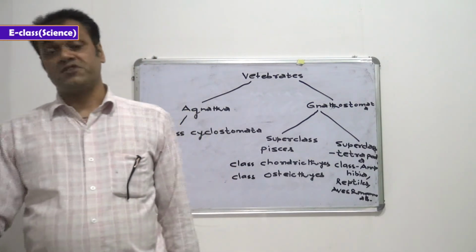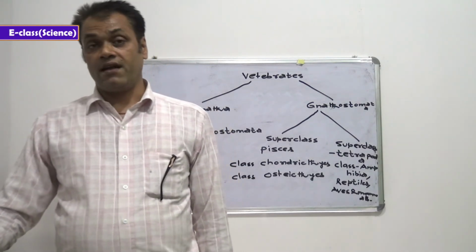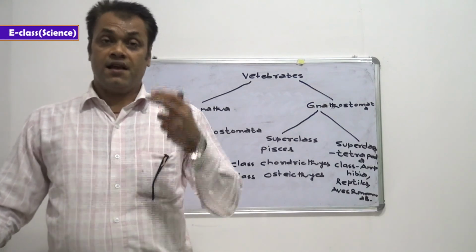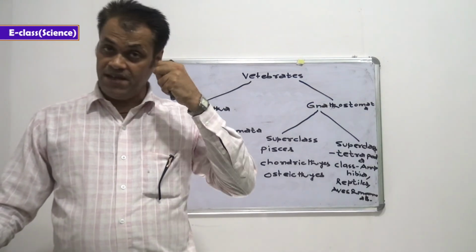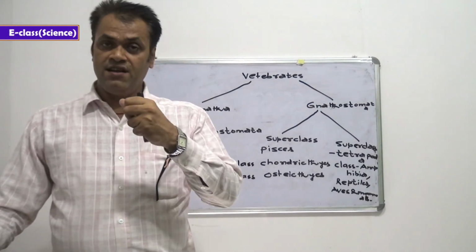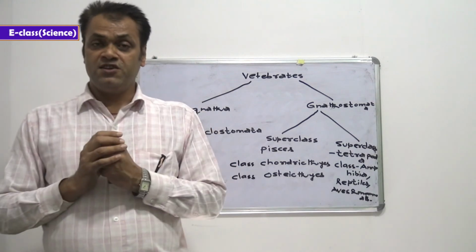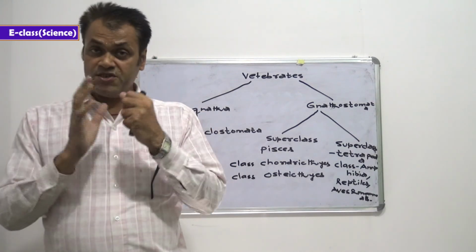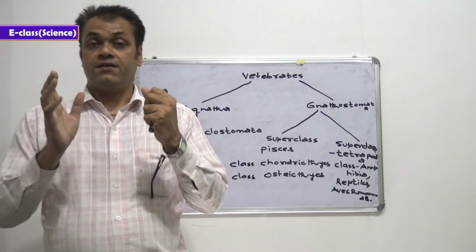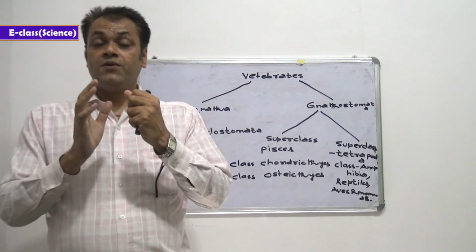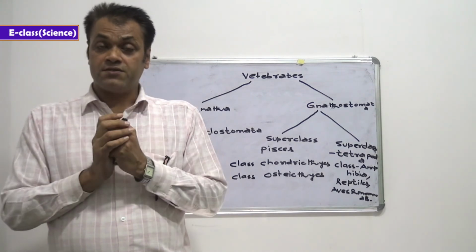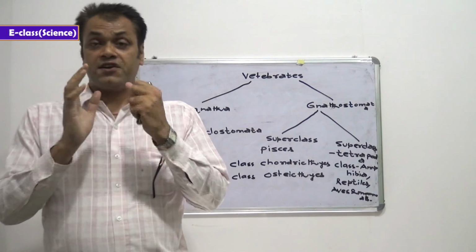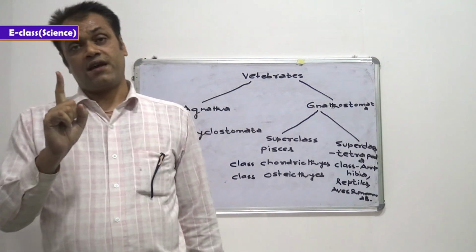I hope you have studied that in the ear there are three parts: external ear, middle ear, and internal ear. Inside the internal ear there are three parts: vestibule, semicircular canal, and cochlea. So in Agnatha, the internal ear contains one or two semicircular canals.